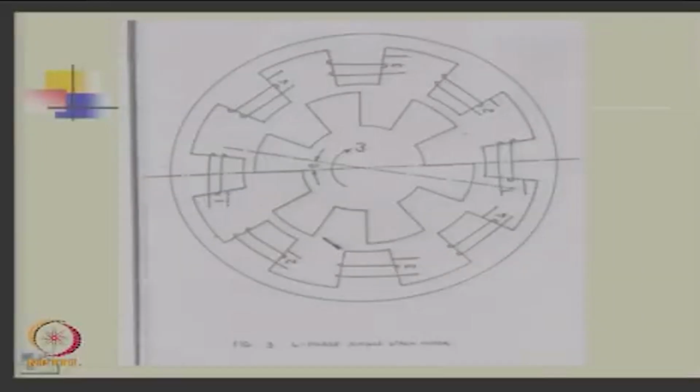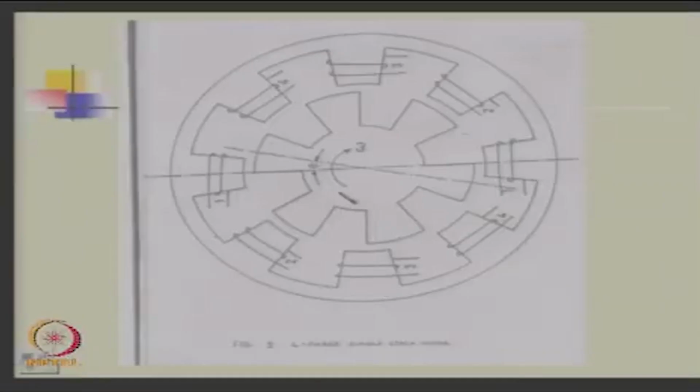So, this is a static picture. Now what are the poles? 8 by 6, the same as this one. If this is phase 1, then phase 2, then phase 3 and phase 4, okay.